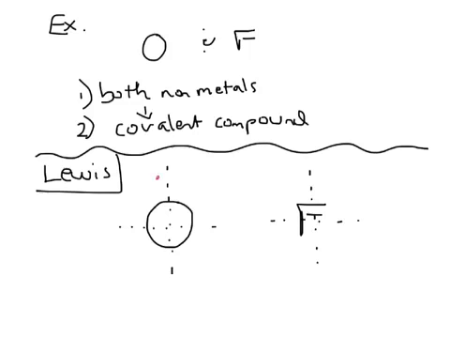You put 1 electron in each of the 4 quadrants, and then you start pairing them up after you run out of quadrants. Okay, I've got 1 in each of the quadrants. Now I have to start pairing them up. 5 and 6. Good. So it looks like oxygen has 2 pairs of electrons and 2 electrons that are not paired. All right, and that's the way that structure works out.